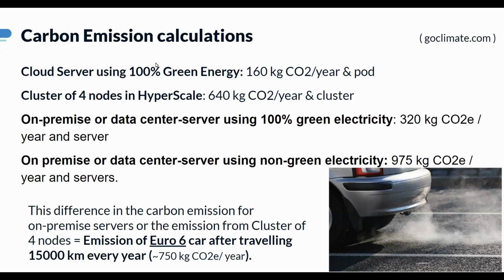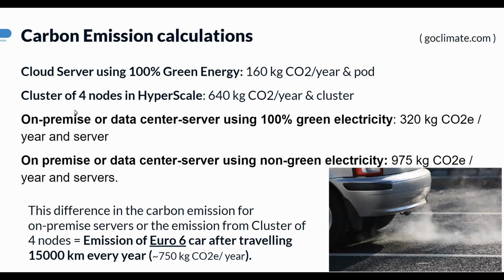So every pod produces 160 kg of CO2 per year, while a hyperscale cluster with 4 nodes produces 640 kgs of CO2 per year, because it's hyperscale and we are calculating for 4 nodes.